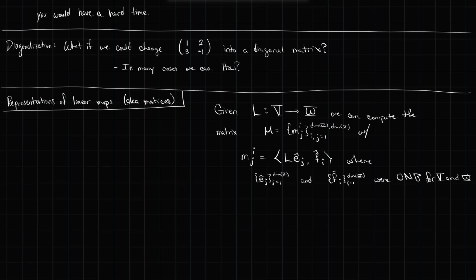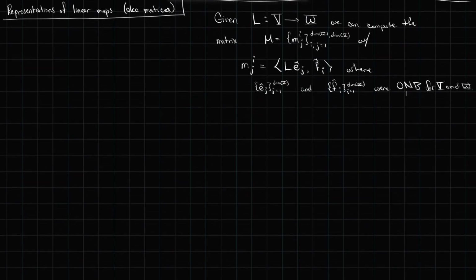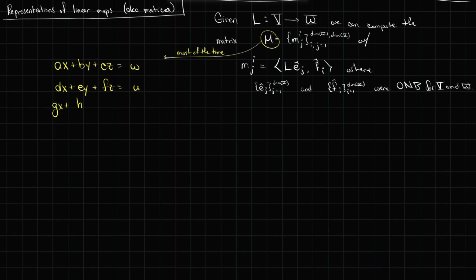And I kind of glanced over this as not being too terribly important of a statement, because most of the time when we extract a matrix, M, from a linear map, we would do something like, okay, AX plus BY plus CZ equals W, DX plus EY plus FZ equals U, and GX plus HY plus IZ equals V. If we wanted to extract the matrix, we would just look at coefficients.